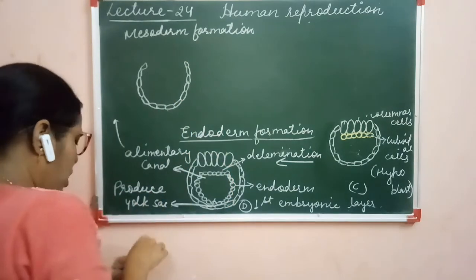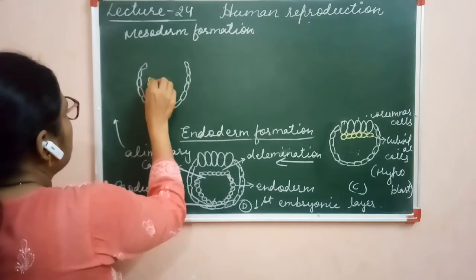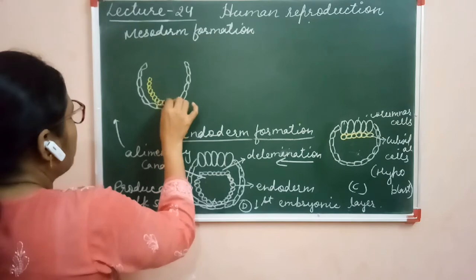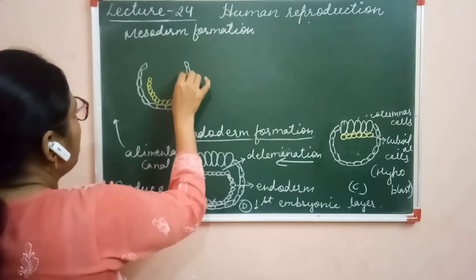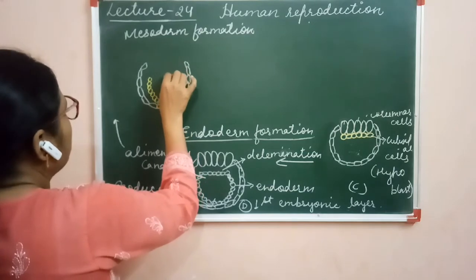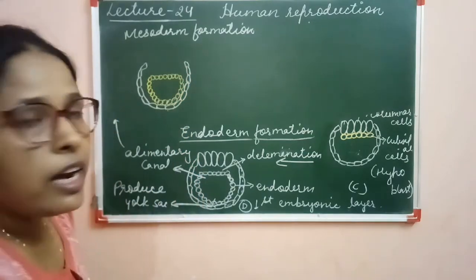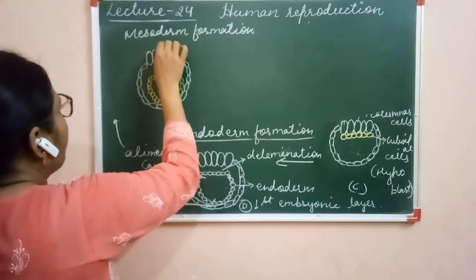So here the endoderm is also there. This is the layer of endoderm, it has been formed. Now the formation of mesoderm will take place. Here the cells of epiblast, these are the cells of epiblast.